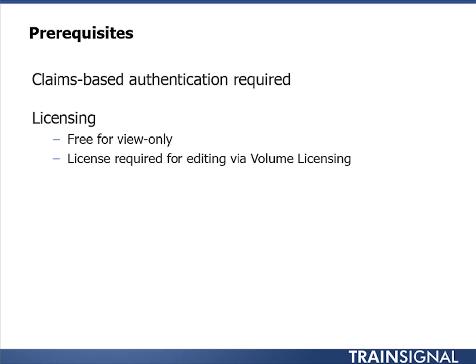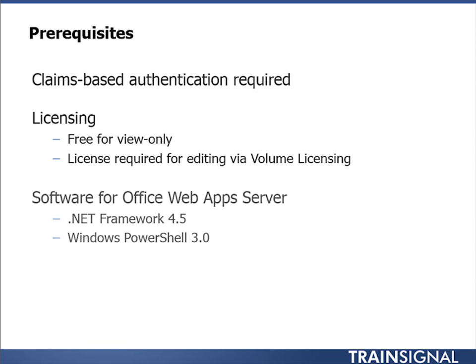But if I want to edit the documents, I do need to have Office licensing through volume licensing from Microsoft. And I also need a couple of bits of software installed on the Office web app server, including the .NET Framework 4.5, Windows PowerShell, and the web server component, or IIS.